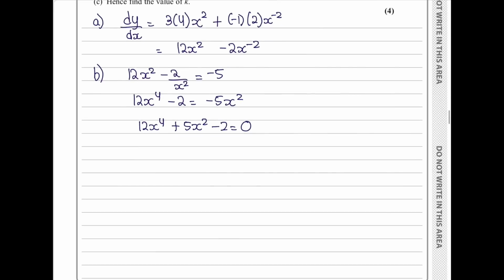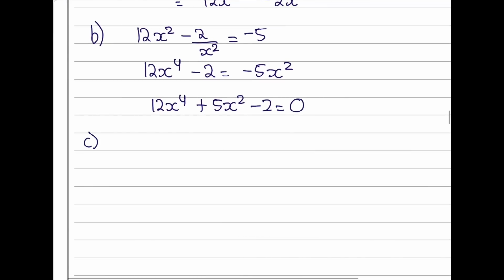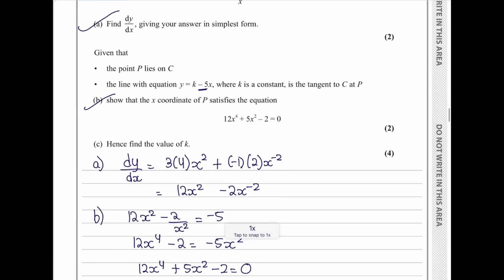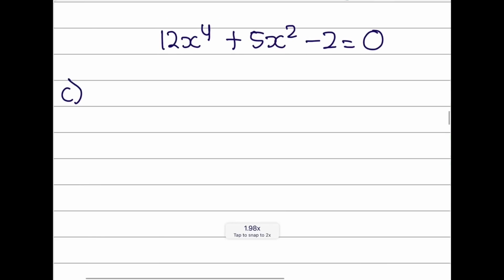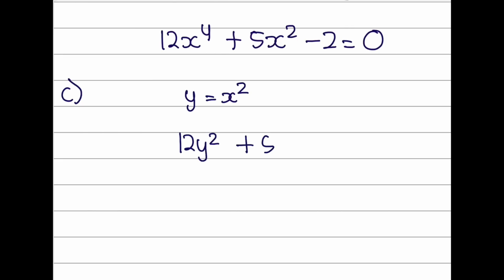Alright, now first of all, we have to find the value of k, which is for the tangent line. Okay, so I'm going to substitute y with x squared, because I have a power of 4, so it's going to be 12y squared plus 5y minus 2 is 0.